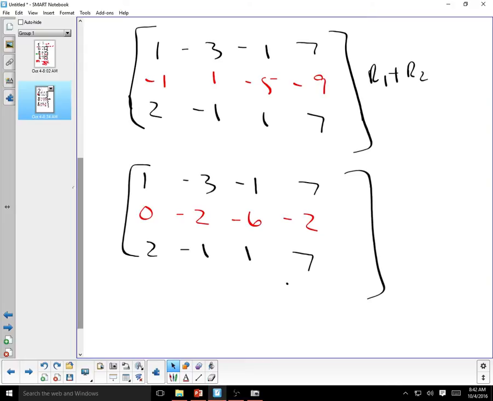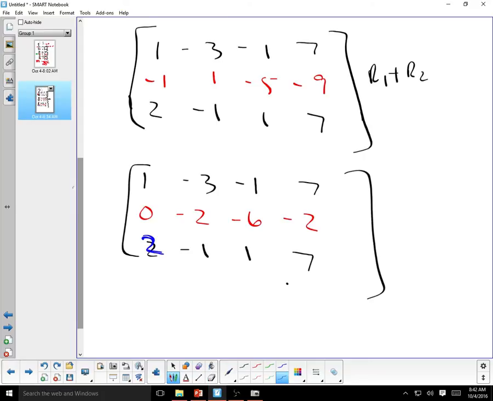Now I need this 2 to be a 0. What could I do? Can you just multiply by 0? No, because that would make the whole row 0, wouldn't it? That would fix all our problems, but I have to do it with an operation with one of the other equations, right?